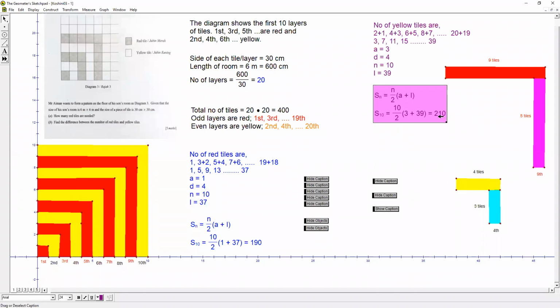But actually this 210 you can find using 400 minus 190. Next, to find the difference between the number of tiles, you use 210 minus 190, which is 20. So if no question, then I go on to the second problem.